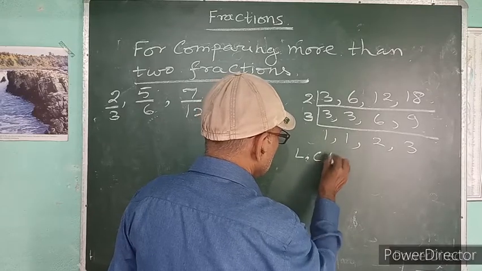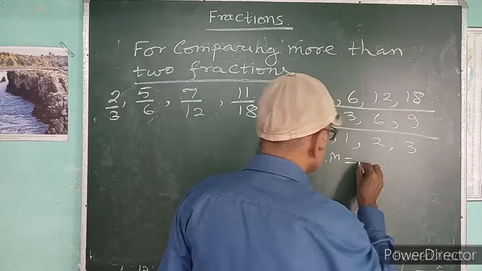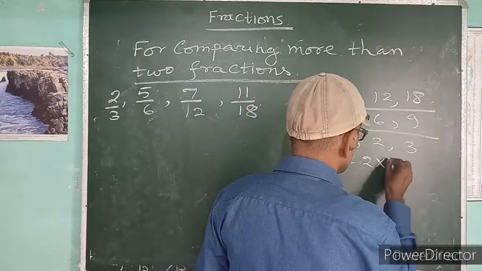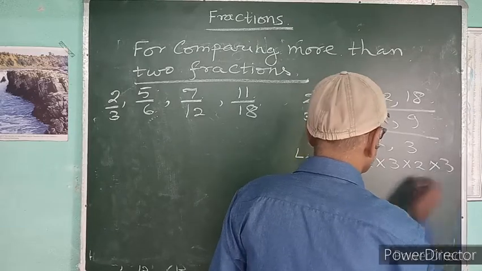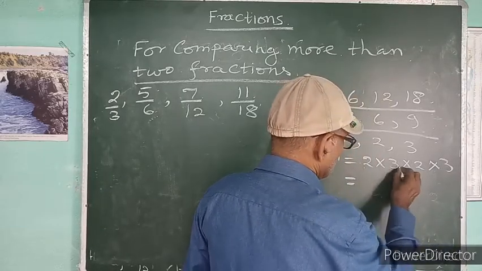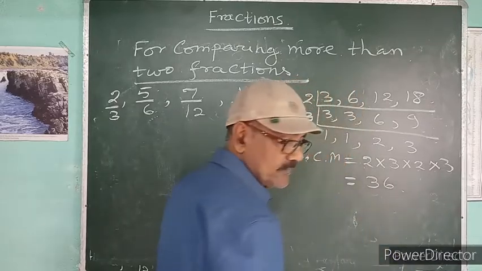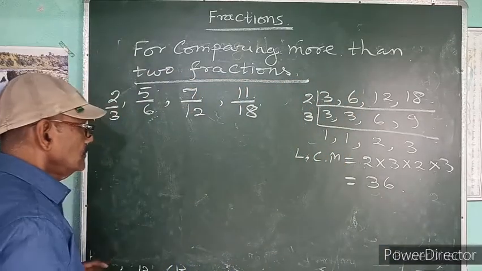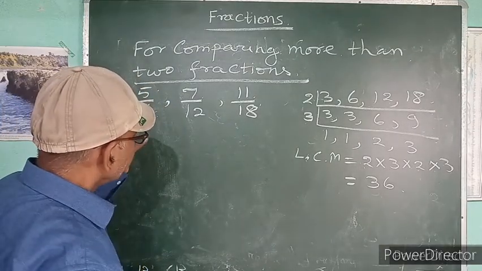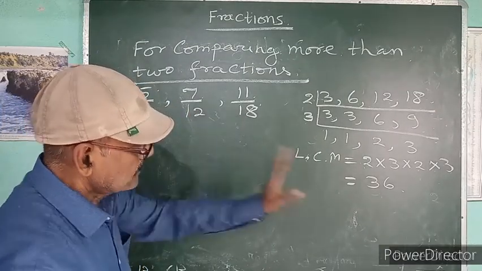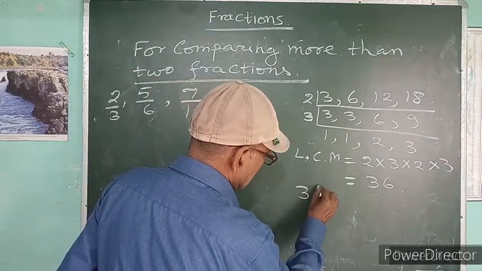LCM of 3, 6, 12 and 18 is 2 into 3 into 2 into 3. 6 sixes are 36. LCM is 36. Make the denominators 36. So that will be a common denominator.